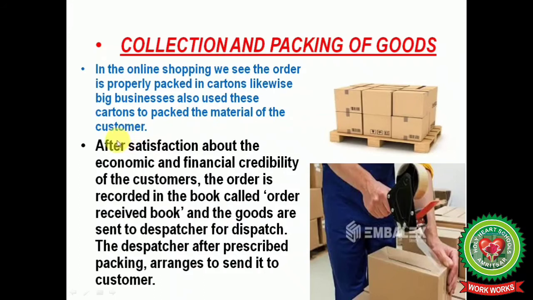So after satisfaction about the economic and financial credibility of the customers in trade inquiries, the order is recorded in the book called order received book, and the goods are sent to the dispatcher for dispatch. So the dispatcher, after prescribed packing, arranges to send it to the customer. Means simply at that time a proper packing of the goods is done.